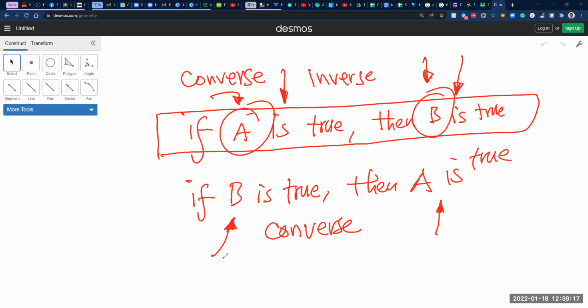Now, using Columbus as an example, what's the converse of that statement?